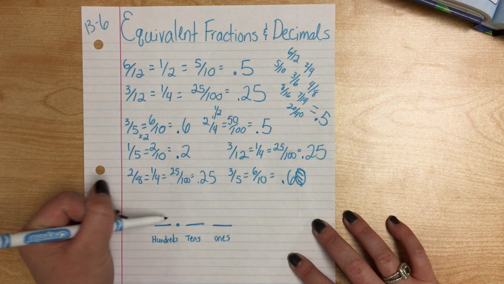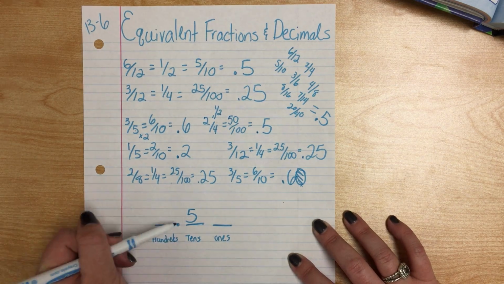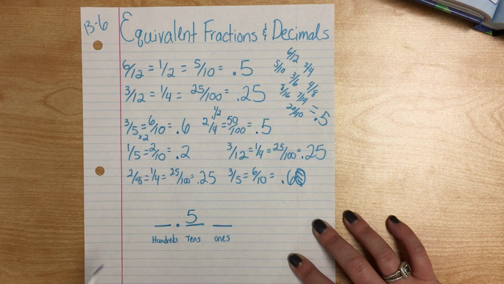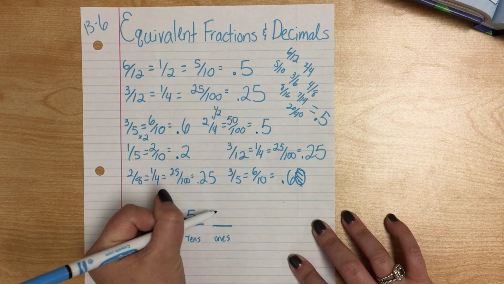Because if I just have 0.5, that's how I would write it. There's nothing after it, but I can imagine that there is a 0. So really 0.5 means 50. Now if I have 53, I can't just do 0.5. I have to write the whole thing. It becomes 53.